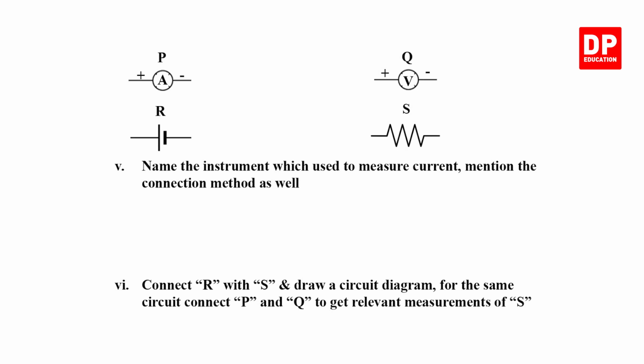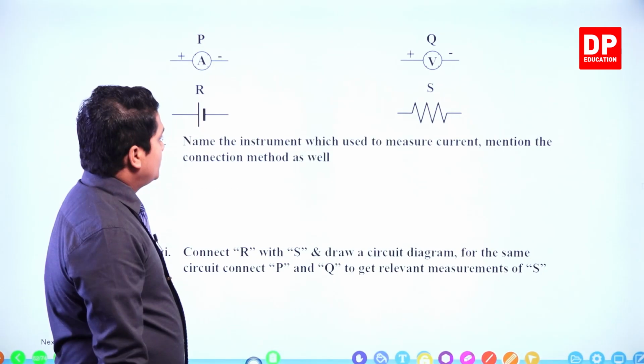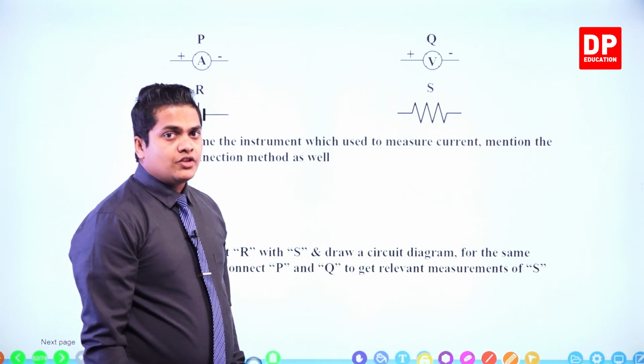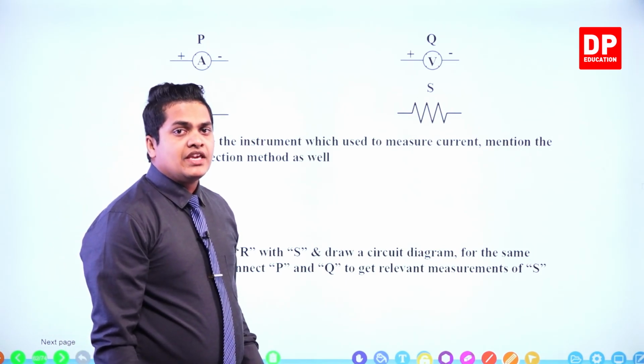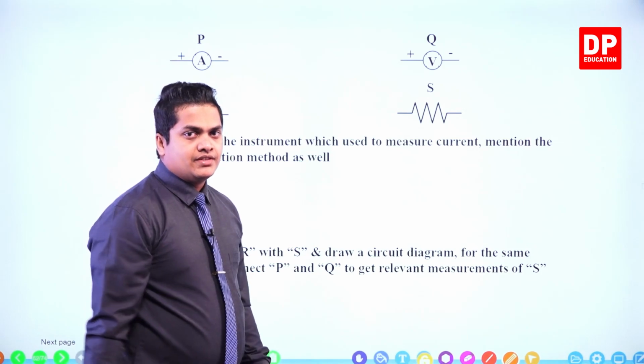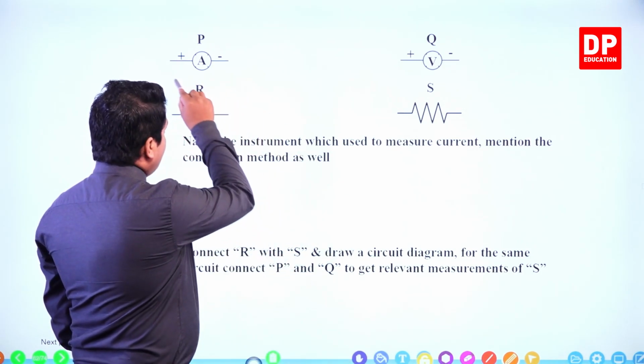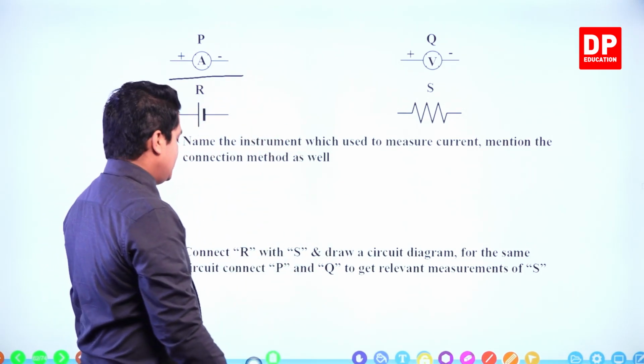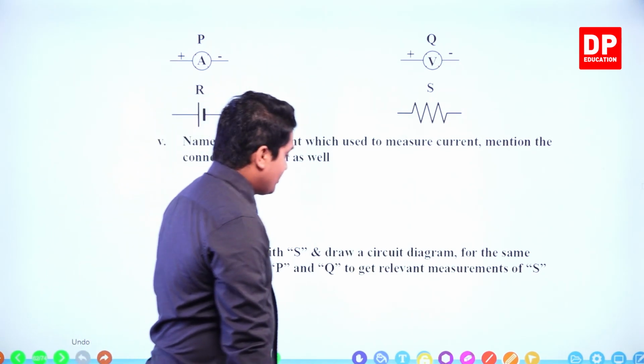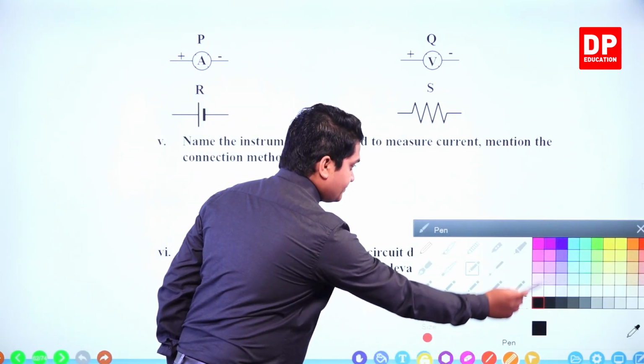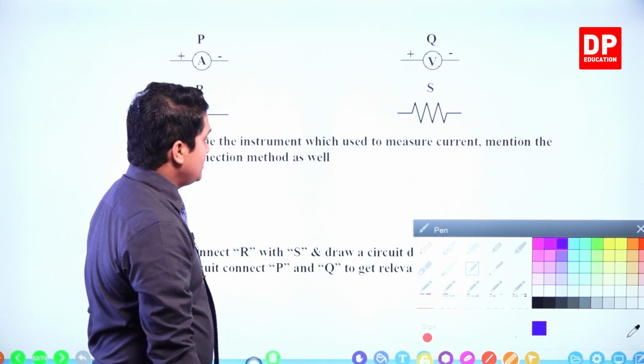Name the instrument which is used to measure current. Mention the connection method as well. So to measure current, we use the instrument called an ammeter. The ammeter can be observed in here. This is the ammeter, right? So my dear children, we can write our answer.